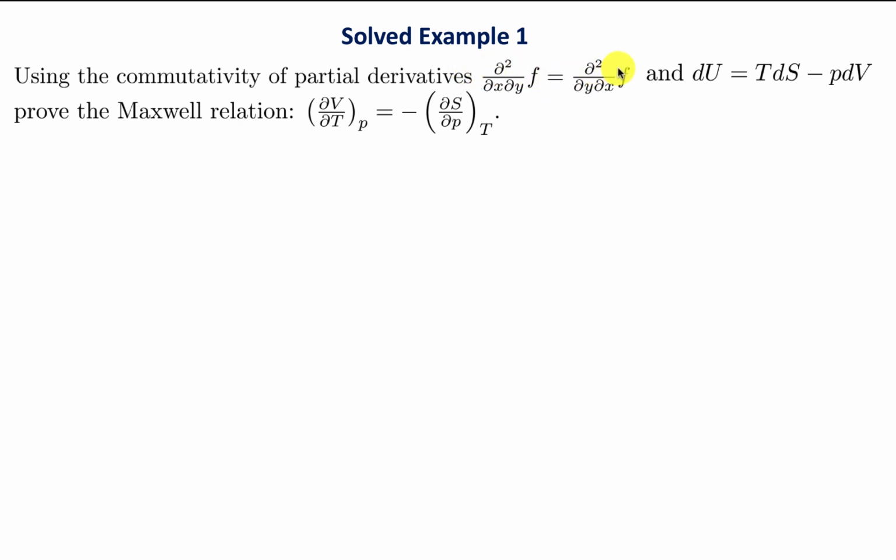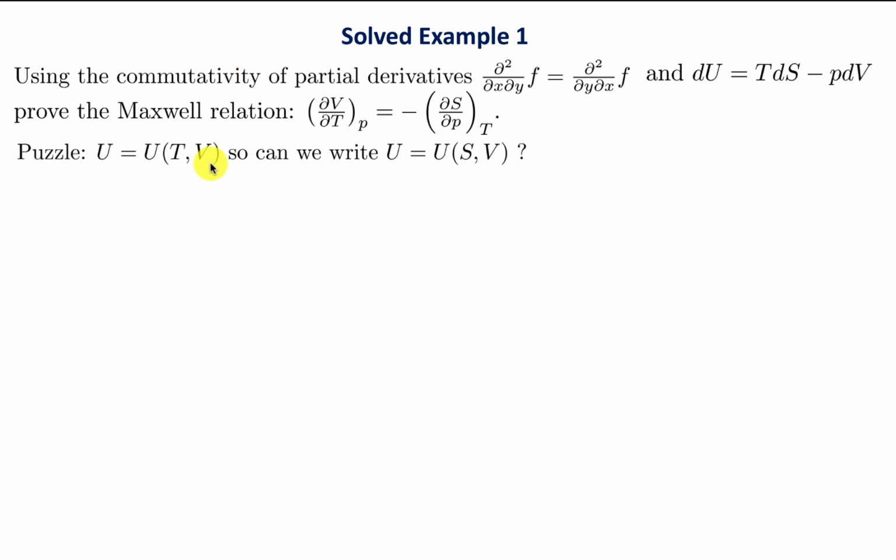So let's use this and the relationship that we just derived, dU is equal to T dS minus P dV, to prove what is called the Maxwell relation. Now, there are other Maxwell relations too, and in studying thermodynamics, it is sometimes quite puzzling as to what one is taking as independent variables or as dependent variables.